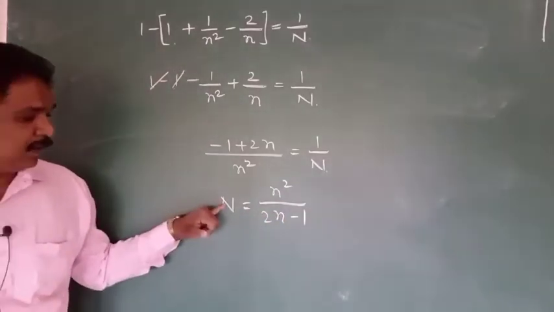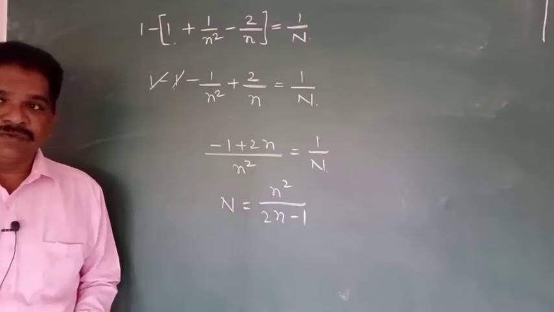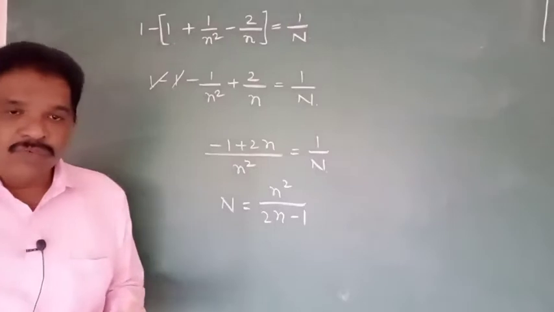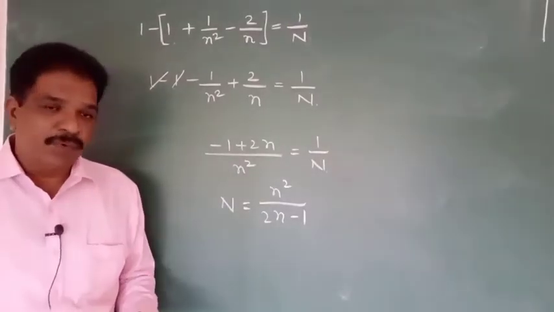So in this way we get this value. How many planks are required to completely stop the bullet?